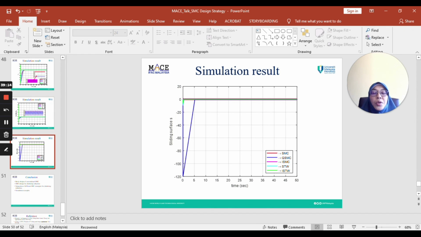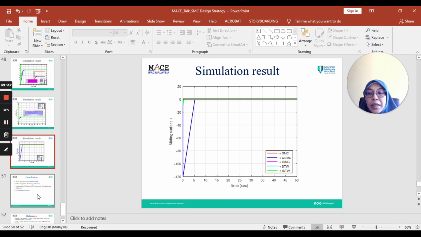So these are the things that we can do to reduce or suppress the chattering effect. We can try other combinations to see the improvement.